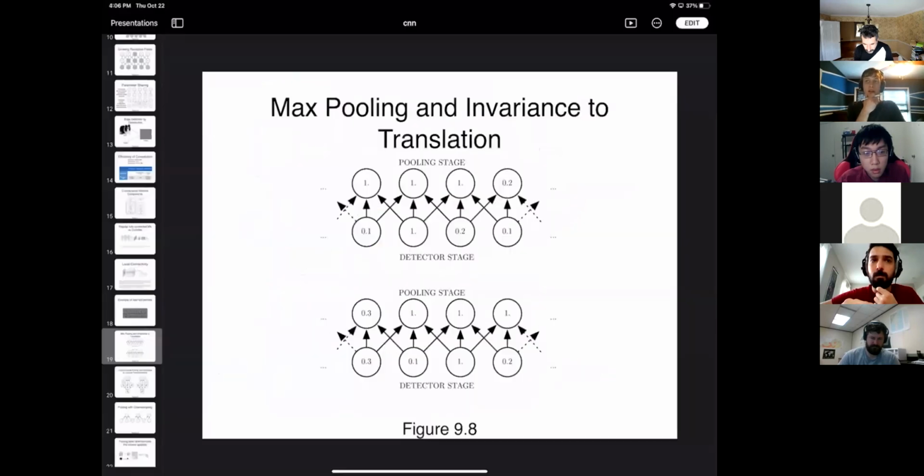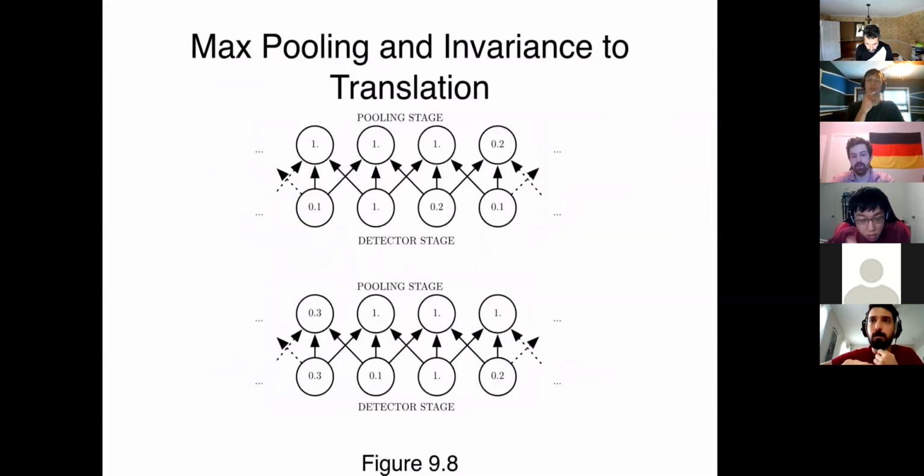Oh, sorry. He was basically saying that you look at all the arrows that point to that node and you take the max out of those three. So there's a 0.3, 0.1, and a 1. You take that 1. Yes, so you have this, and then you have 1, right? So this one is this maximum, right? Oh, okay. I see what I did.